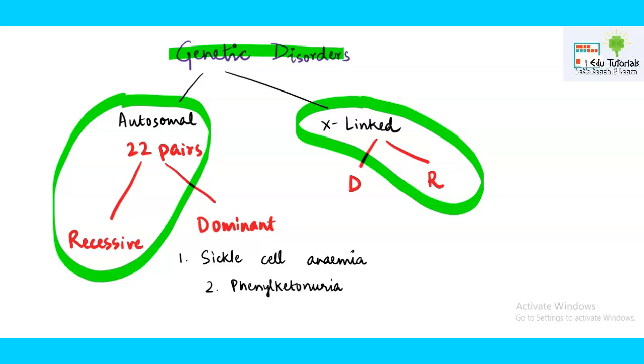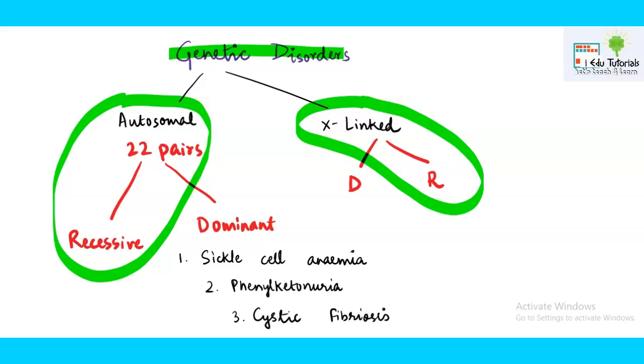The third disorder which is given in NCERT is cystic fibrosis. The names of diseases are to be learned because in the board they may ask you to give examples of any two autosomal recessive diseases.